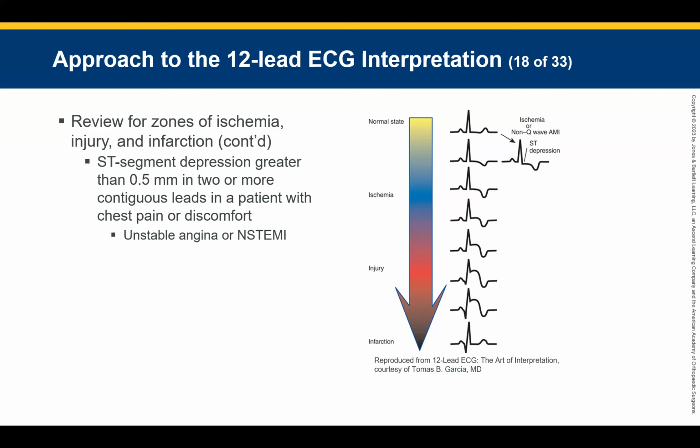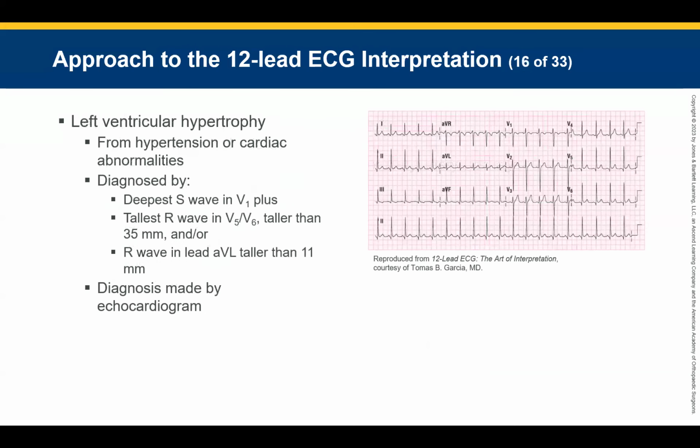So I'm going to draw this out here. This is our 12 lead. This is 1. This is 2. This is 3. ABR, ABL, ABF.